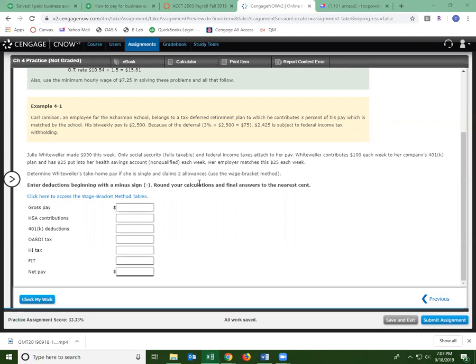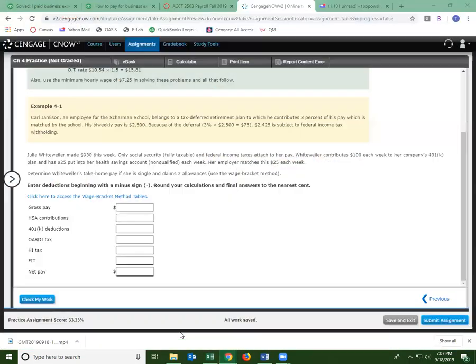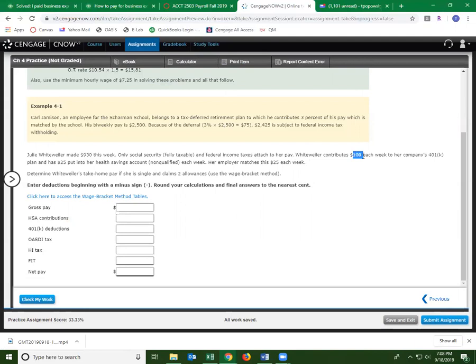However, the $100 that she's contributing to her company's 401k plan is not taxable as far as federal income taxes are concerned. That is the difference here. So we will not consider the $100 taxable for federal income tax.